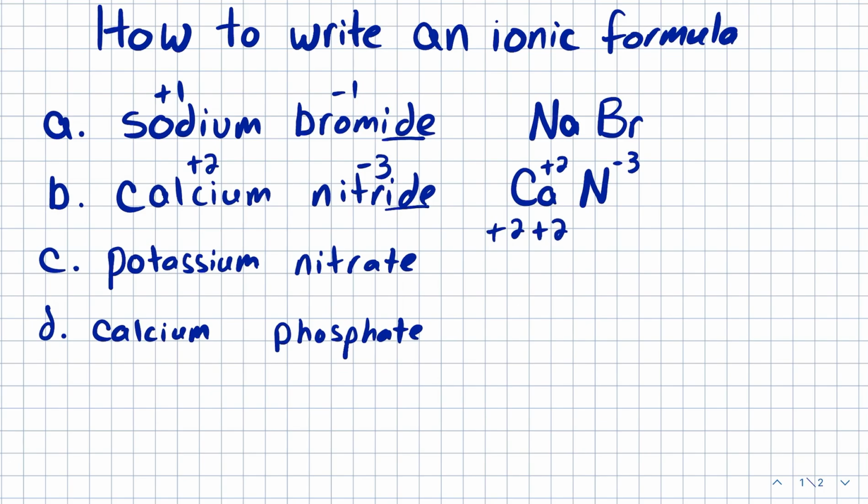Oops, I'm sorry, let me take that away for a second. If I have +2 -3, that does not equal 0. So I need to play around with things until I can get this to equal 0. So right now, +2 -3 equals -1. So I need more of the positives. So I'm going to add another calcium.